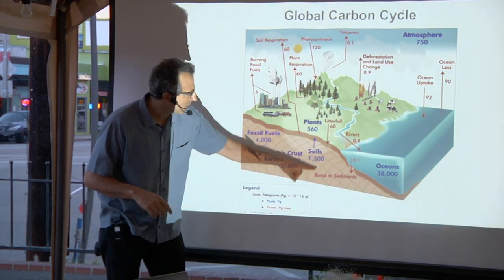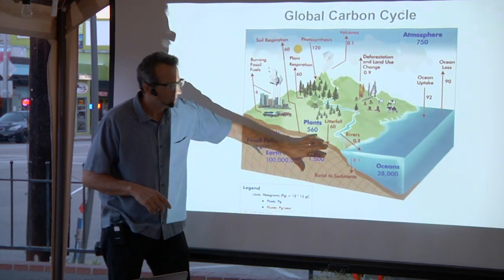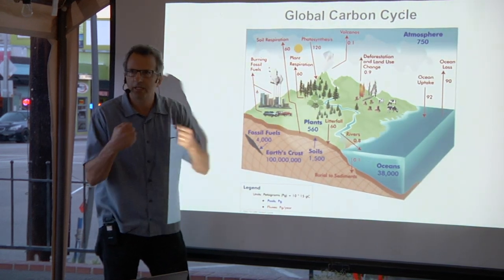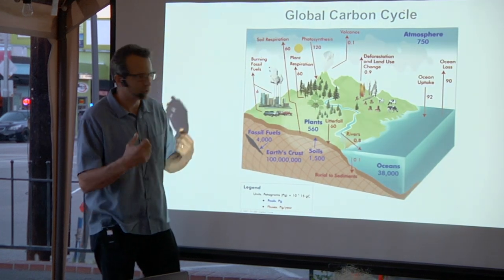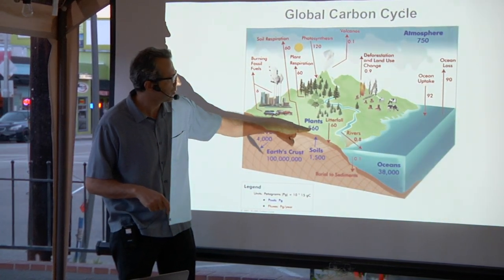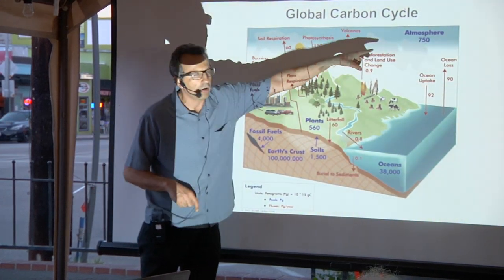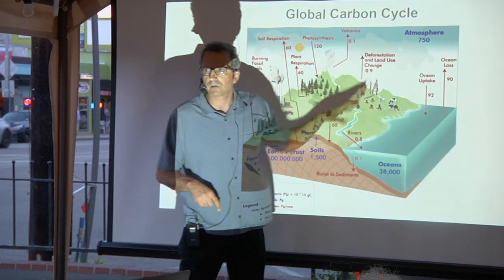In fact, 1,500 petagrams, or 10^15 grams, is sequestered in soils and stabilized by interactions with minerals, protected from degradation. And the amount of carbon there is actually more than the amount in all of the plant biomass on the planet, plus all the amount of carbon in the atmosphere combined.